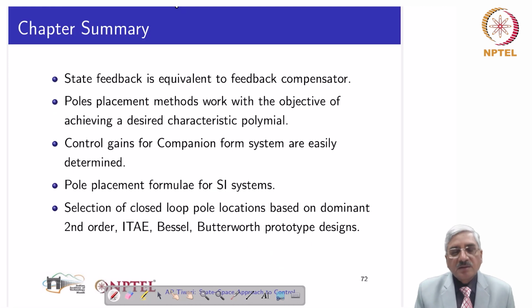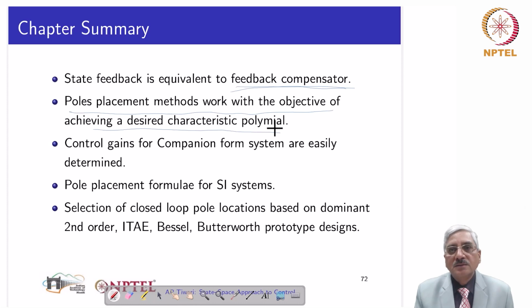Now with this, we summarize the chapter. We have seen that state feedback in classical perspective gives a feedback compensator like configuration. And the objective of pole placement methods is to achieve a desired characteristic polynomial.